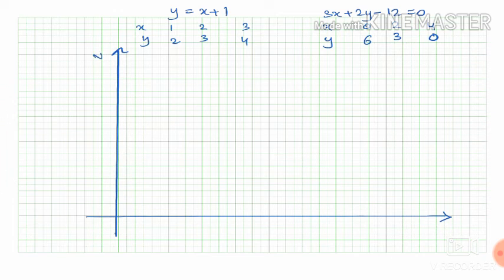So divide the axis in such a way that all these numbers are accommodated. So we can take 2 centimeters as 1 unit on the x-axis. Same on the y-axis, we can take 2 centimeters as 1 unit.